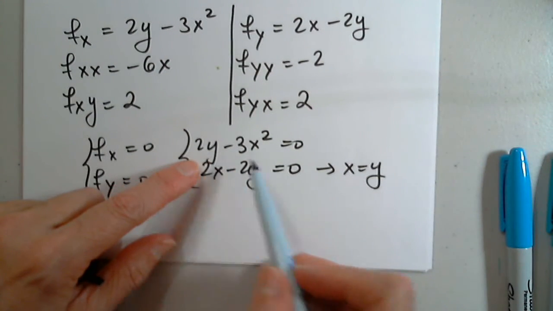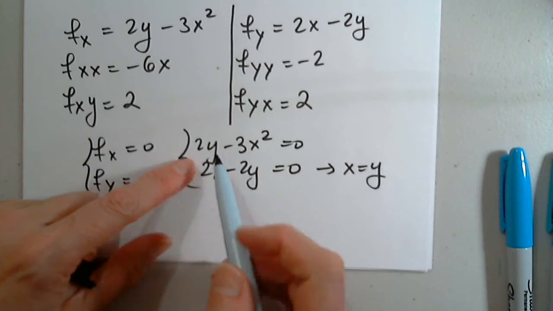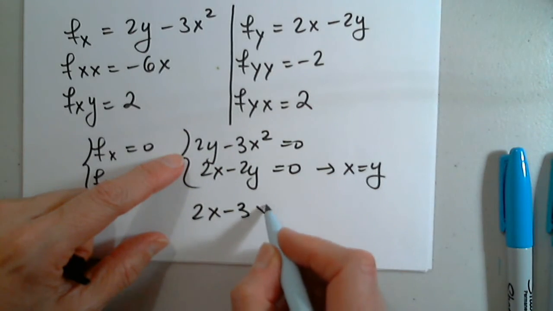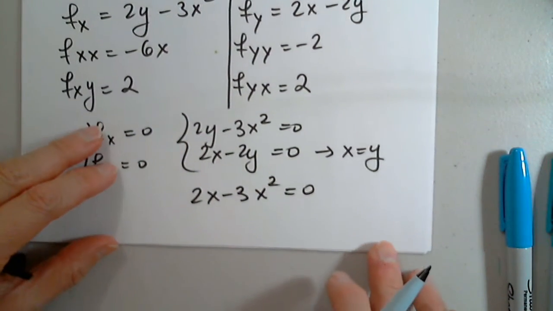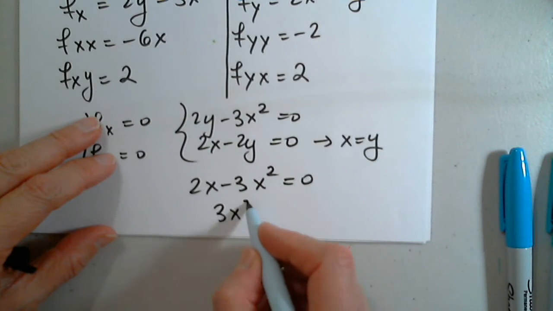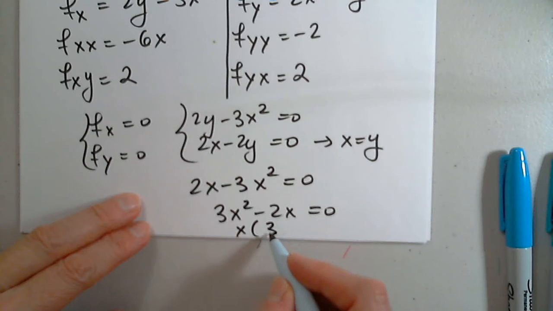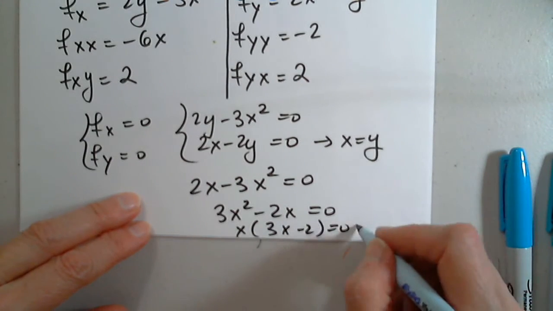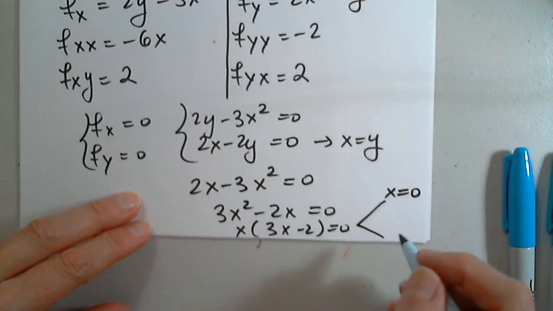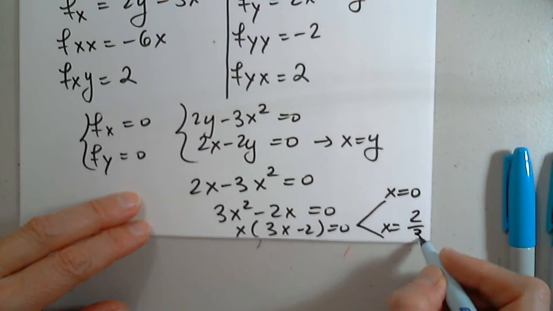So I will replace this y by x. 2x minus 3x squared equals 0. In descending order, 3x squared minus 2x equals 0. Factor out x: x(3x minus 2), and get two options: x equals 0 and x equals 2/3.